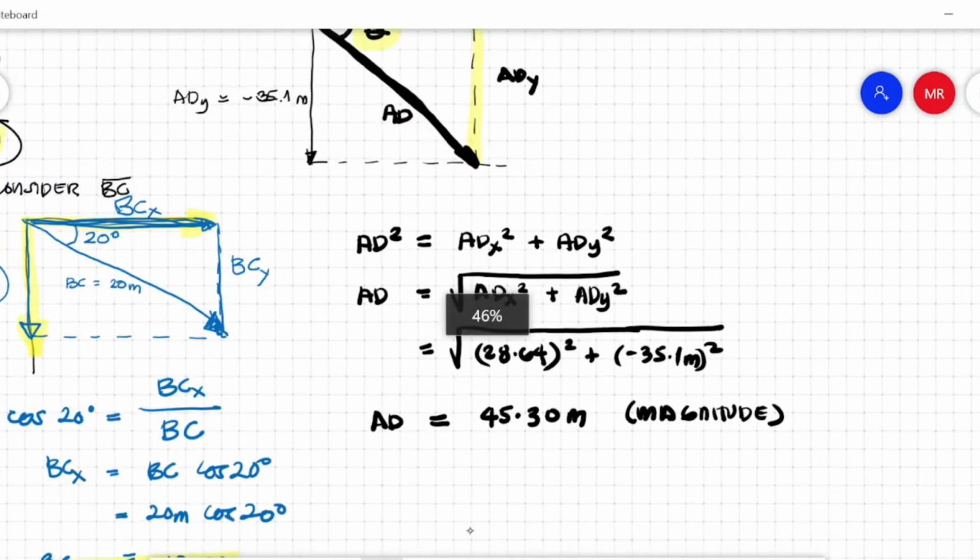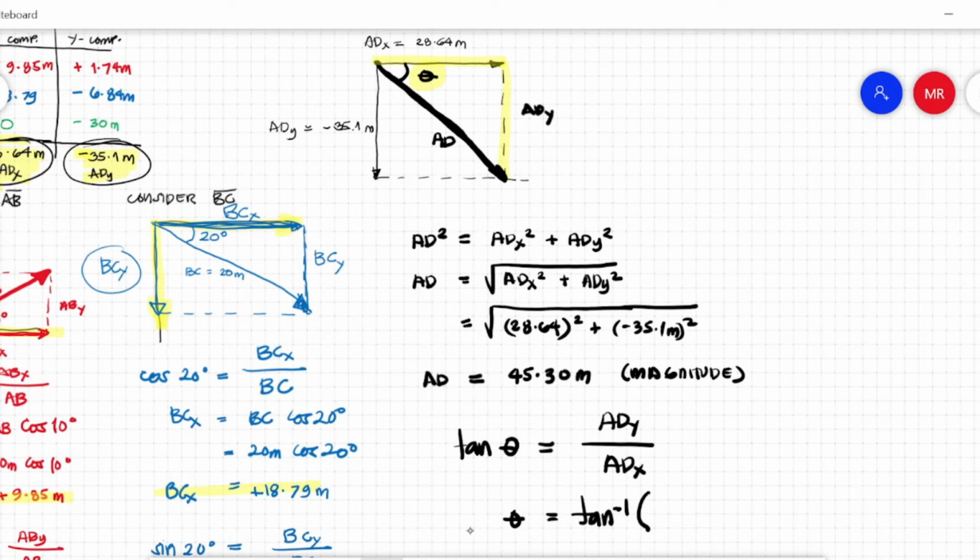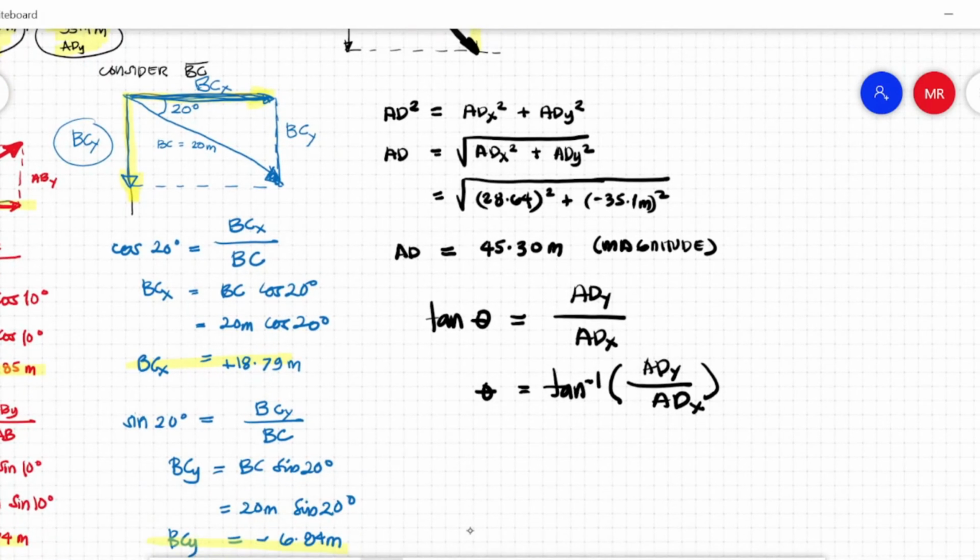Therefore, to get theta, we will use tangent, because tangent of an angle is opposite over adjacent. Opposite of theta is ADY and the adjacent side is ADX. Therefore, theta is arctangent of ADY over ADX.